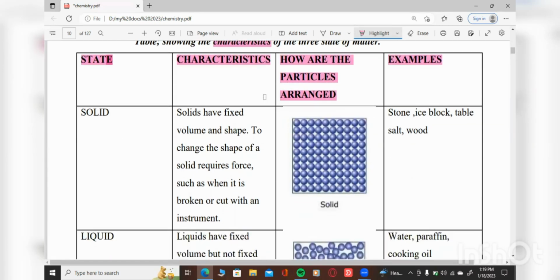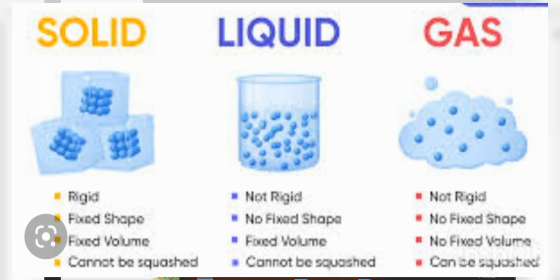Let's start with solids. Solids have a fixed volume. Apart from having a fixed volume, they also have a fixed shape. So you always find that solids have fixed volumes and fixed shapes, because of how the particles are packed within a solid.